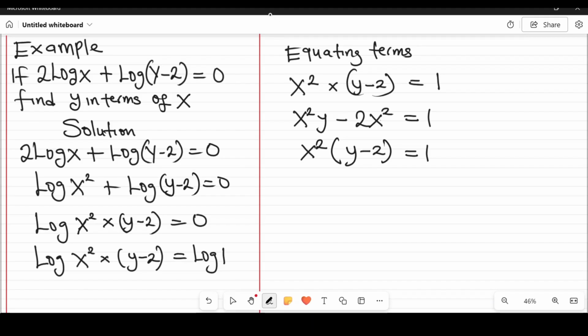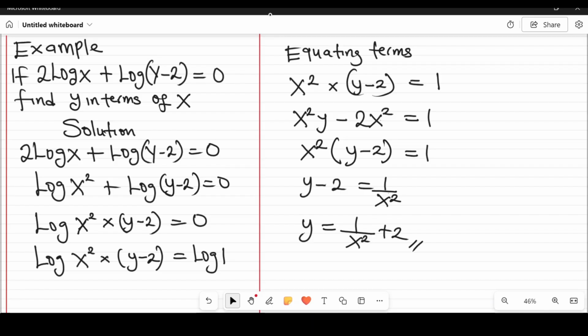We have that this will be y minus 2 equal to 1 divided by x squared. So therefore, y becomes 1 divided by x squared plus 2. That is the answer. So we have been able to express y in terms of x.